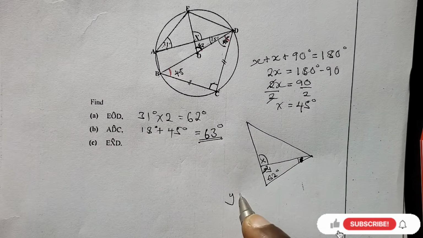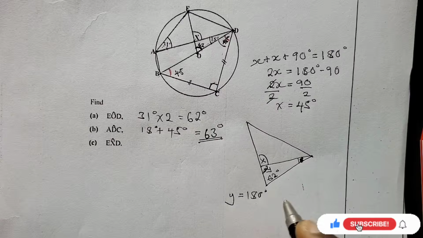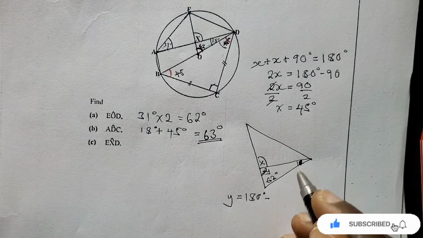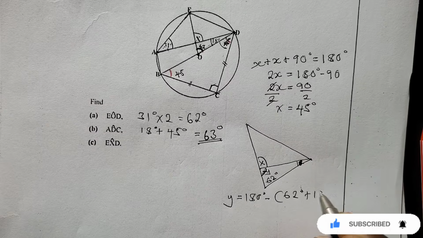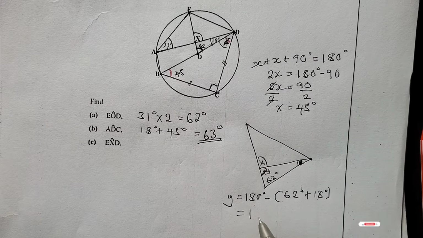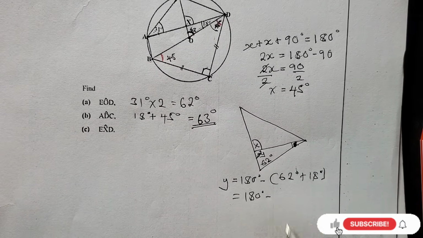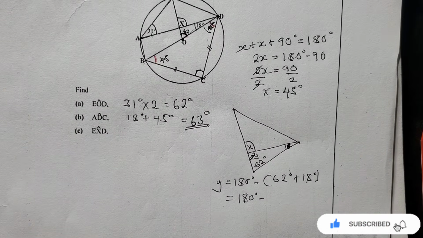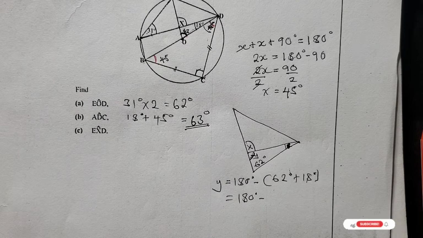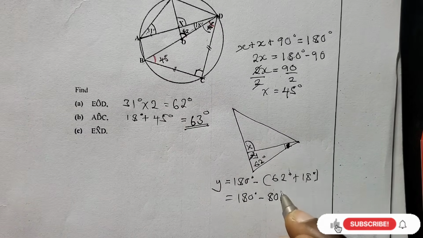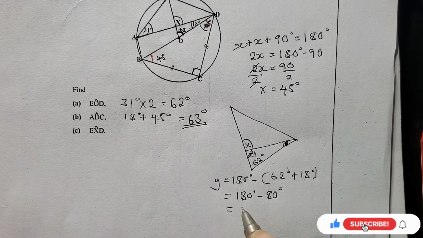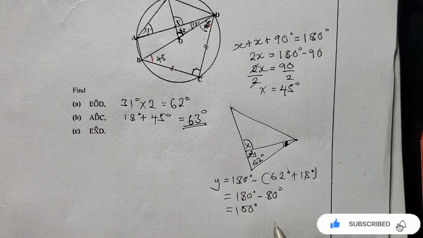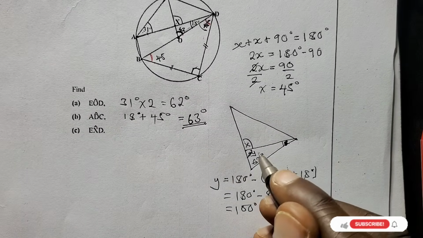So y equals 180, the total angle, minus the sum of these two, 62 plus 18, which is 80. So 180 minus 80 is 100 degrees.